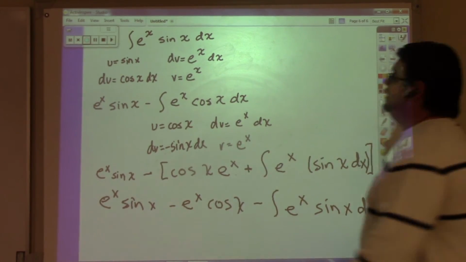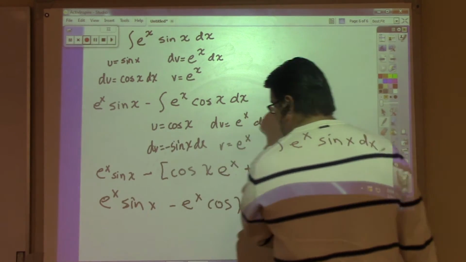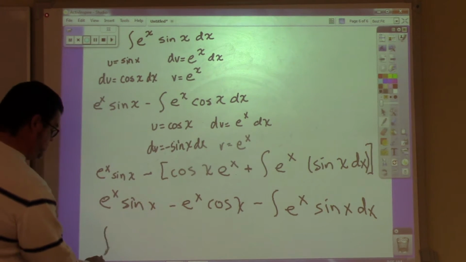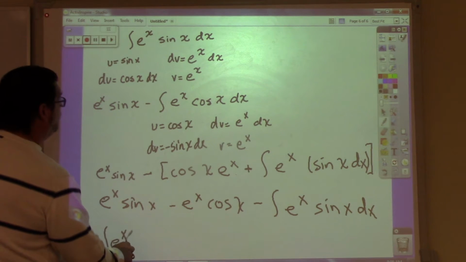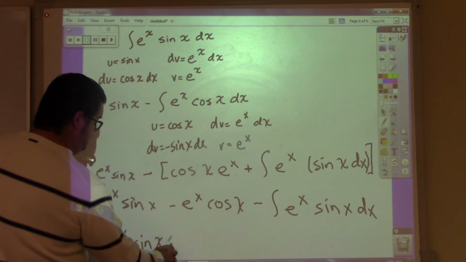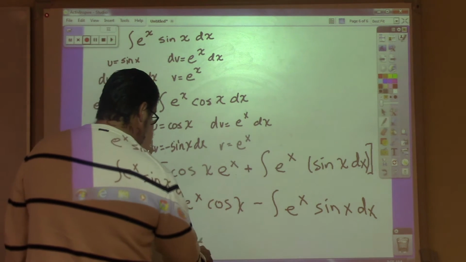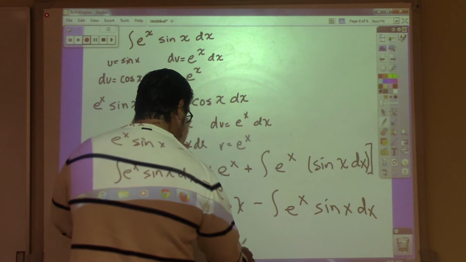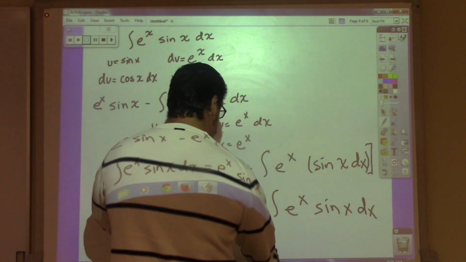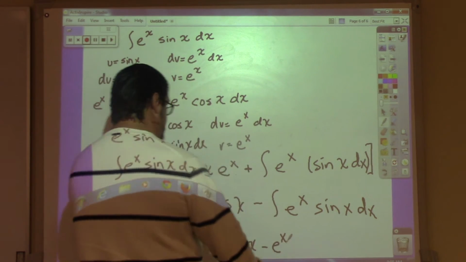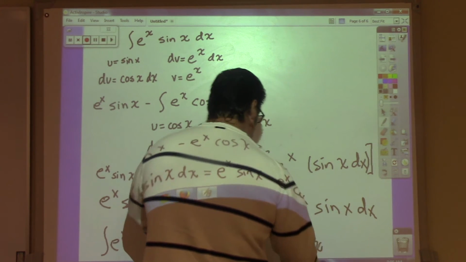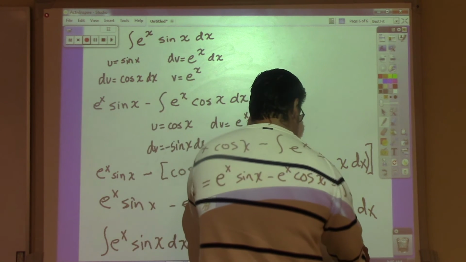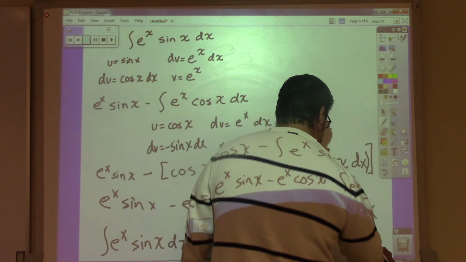And now you have this equaling this. So let's just rewrite it, and I'll take it over to the next page. The antiderivative of e to the x sine of x dx is equal to e to the x sine of x minus e to the x cosine of x minus the antiderivative of e to the x sine of x dx.